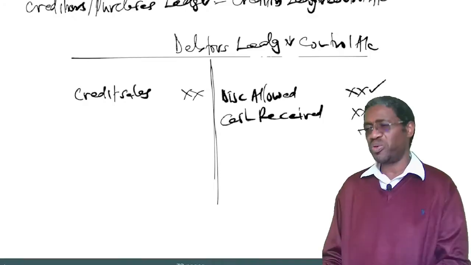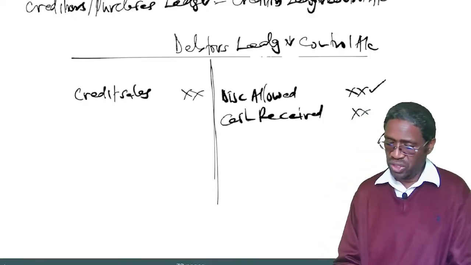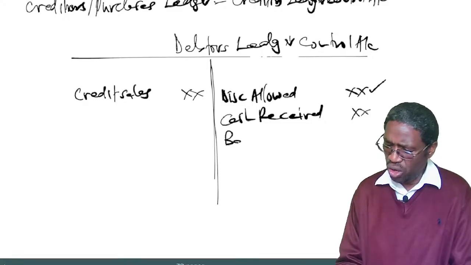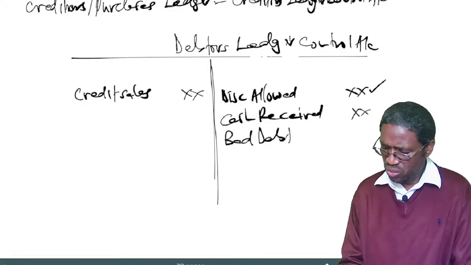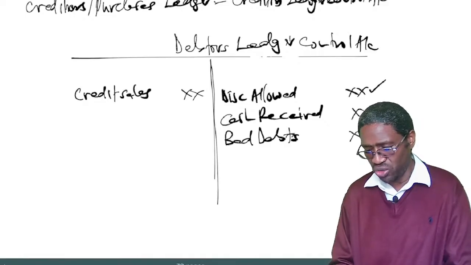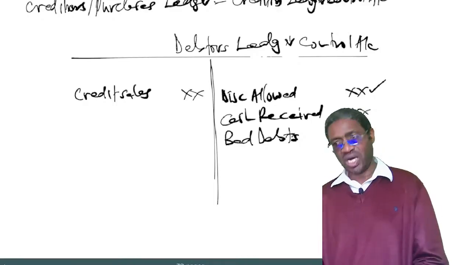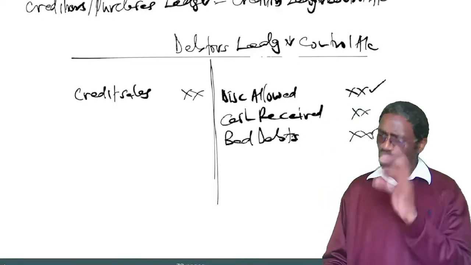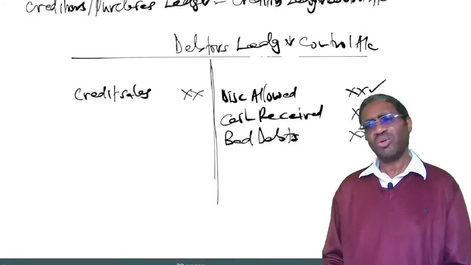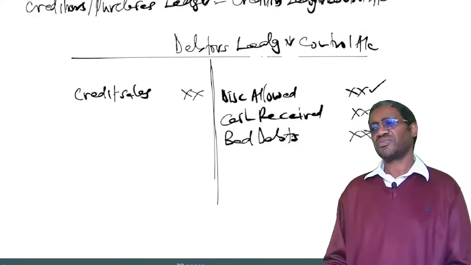Now that he can't pay you, you must credit his debtors account. Therefore, the same thing with all the bad debts written off, you will come and credit the total of the bad debts in the control account. Good. What other transactions are normally recorded in the debtors account? Another one.